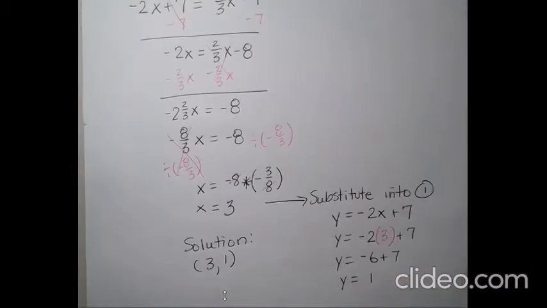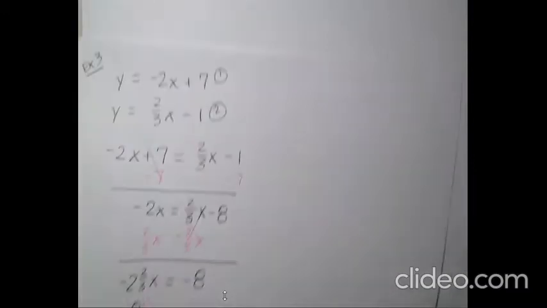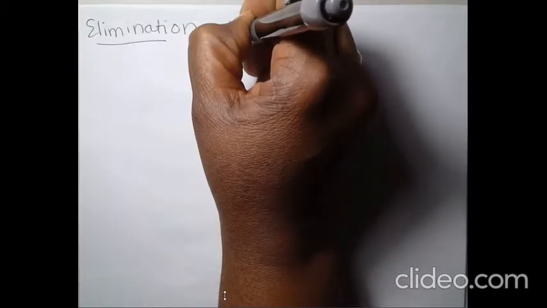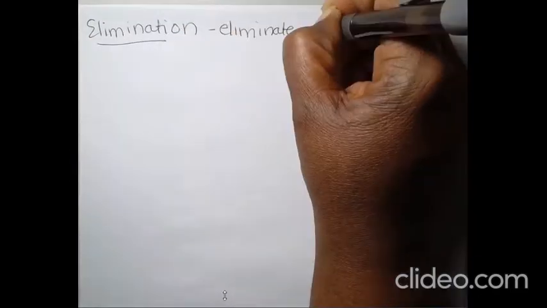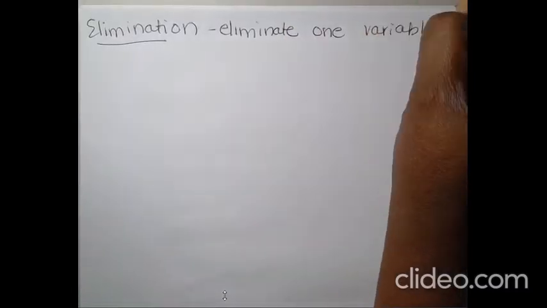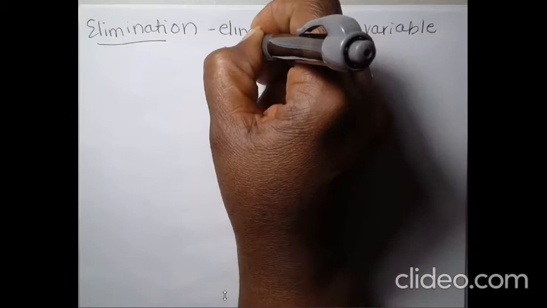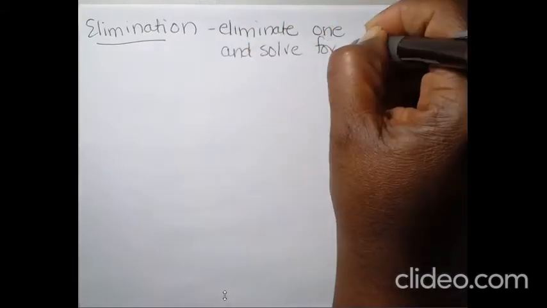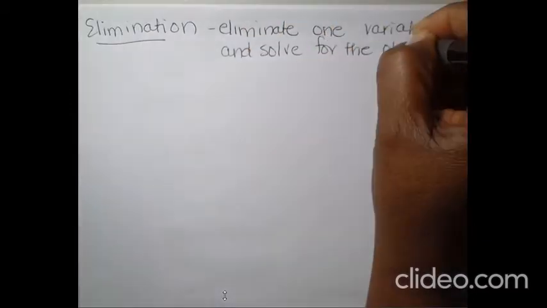Now, if we're going to solve by elimination, elimination basically means that we need to eliminate one of the variables and solve for the other. We eliminate one variable and solve for the other.